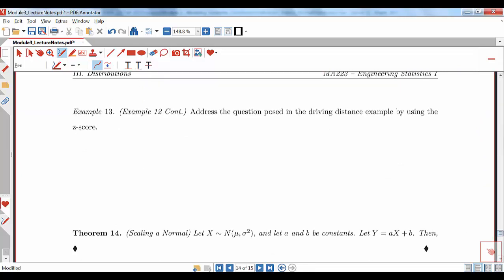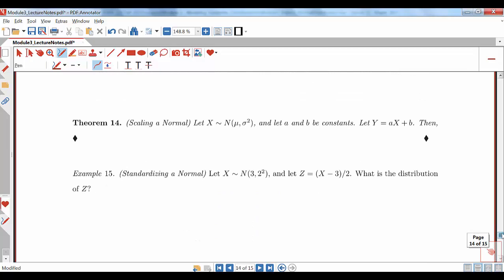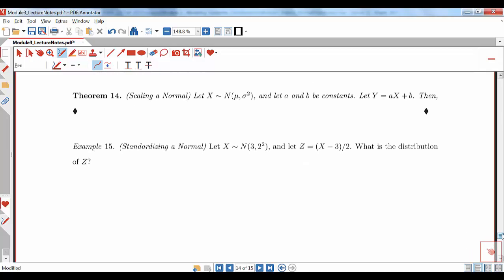So back to the question about the driving distance, and we already decided that hers is a further distribution with respect to her gender. So this is just saying we're not always going to have a normal 0, 1. Here we have a random variable x that's normal with mean mu, variance sigma squared.